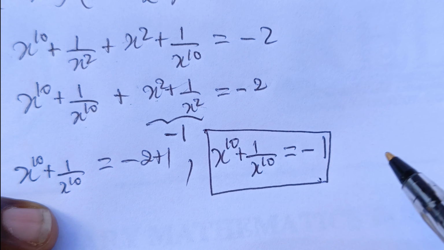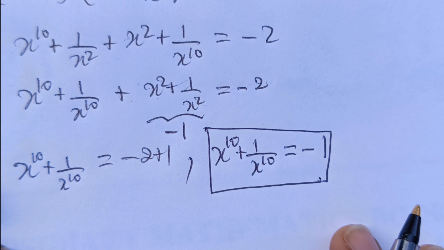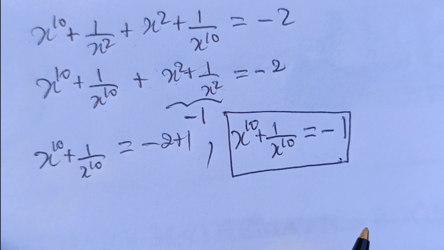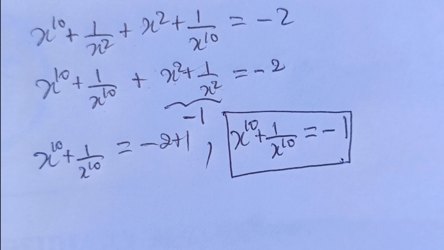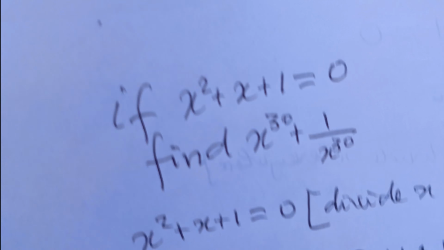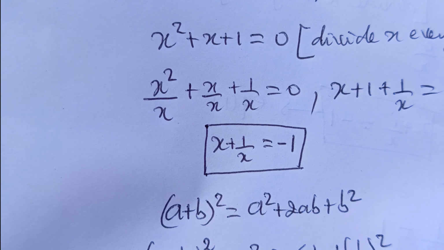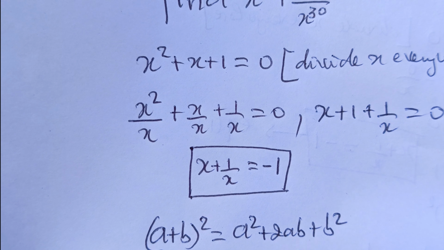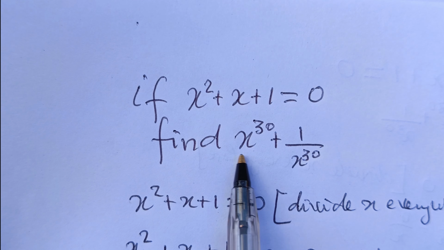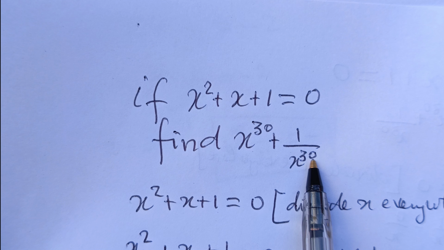Now we are about to hit our conclusion. You remember we have been asked to find the value of x^30 plus its reciprocal.